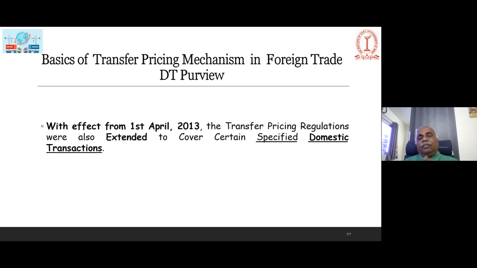No, within the country also, between parent and subsidiary, different types of services or goods are transferred. That's why they have defined domestic transactions from 1st April 2013.